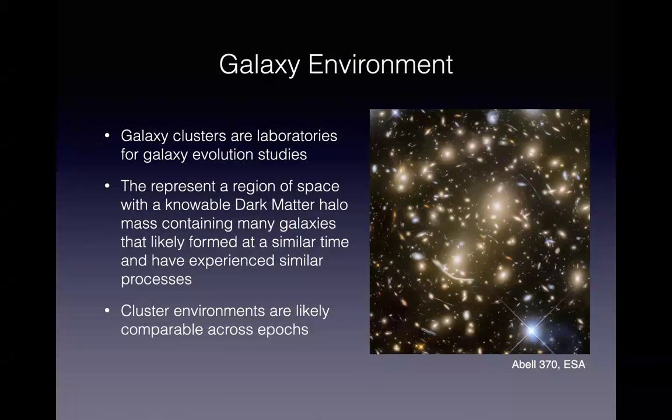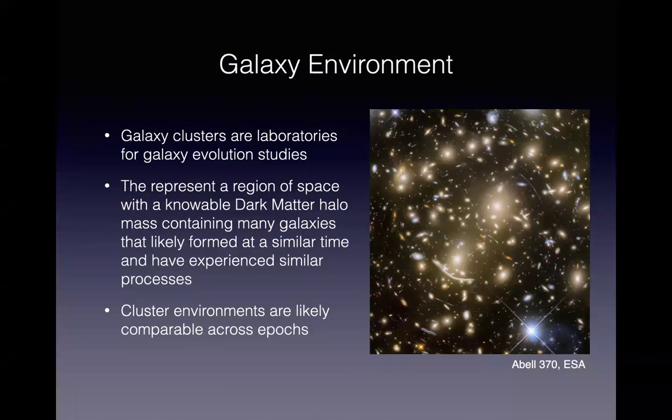Okay, as I said, they are excellent laboratories for, and in this case, galaxy evolution is what I generally use them for. So they represent a region of space with a knowable dark matter halo mass, containing many galaxies that were likely formed at a similar time and have experienced similar processes. So for that reason, you can test various ideas of galaxy evolution within galaxy clusters or with galaxy clusters.